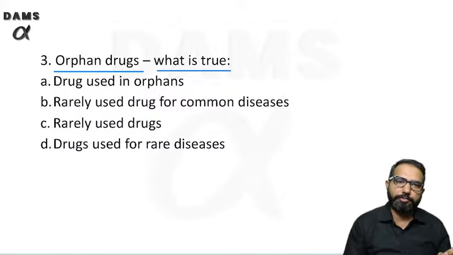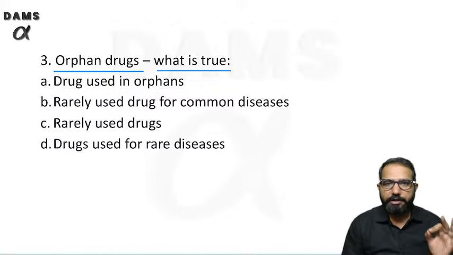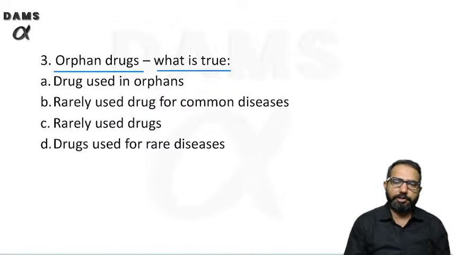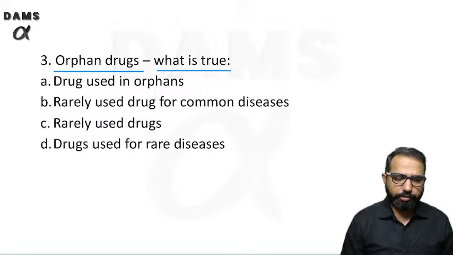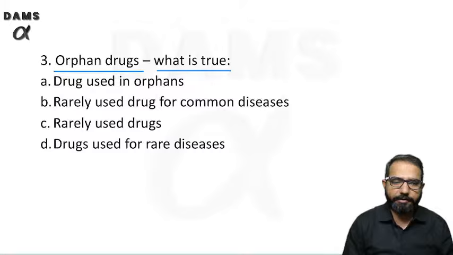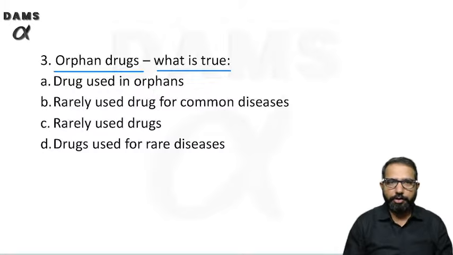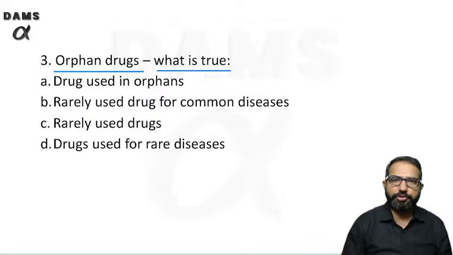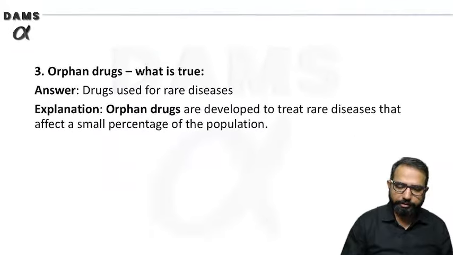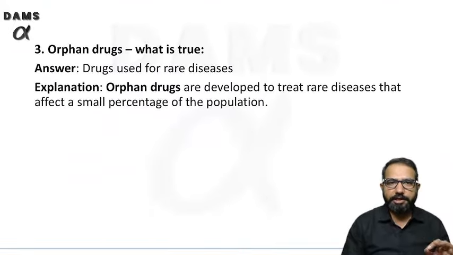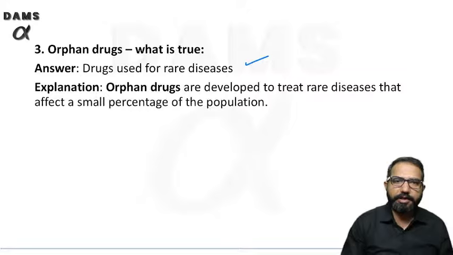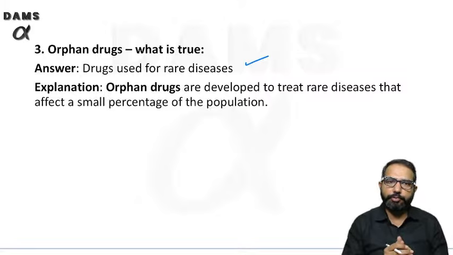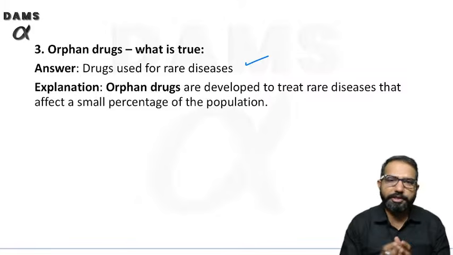What is the correct answer? A, B, C or D. Tell me in the comments, so that I can understand how much you know, whether you have read the topic or not. So in the orphan drug, you can see these drugs are used for rare disease, a small percentage of the population.